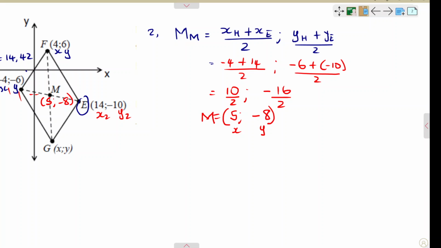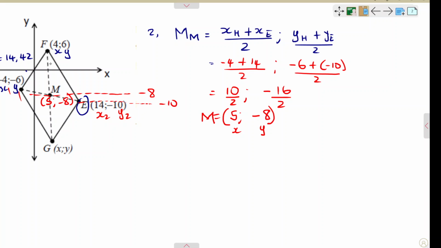So let's check. This point has to be -8 because the y coordinate of E is -10. You can see that the y coordinate of M is -8 and the y coordinate of E is -10. So it does make sense.